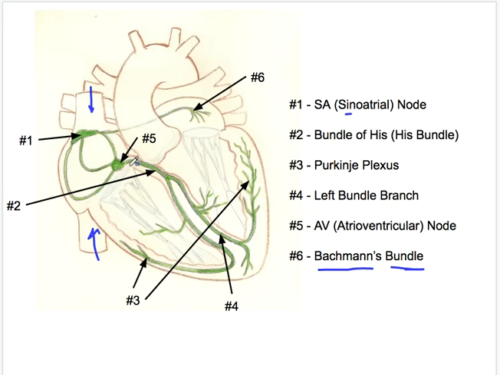So this little bundle, the AV node, is another collection of small bundles of specialized muscle that will collect the message and send it back out. So this is getting the electrical signal from the SA node. It receives that message and then sends that message out all at one time to begin the beating of the bottom chambers, the ventricles. This little segment right here that I'm going to shade in blue is called the bundle of His, or sometimes the His bundle.